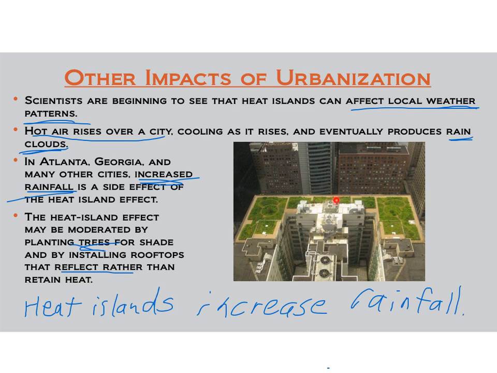Whereas this green rooftop here has some light colors on it that don't absorb so much heat, and then we've got some parkland up there, and all of that allows some of that heat to be reflected or not to be absorbed and radiated off throughout the day, and the parkland allows it to be used in good ways, and that helps moderate the heat island effect. It's not perfect, but it does help reduce the effects of it a little bit.